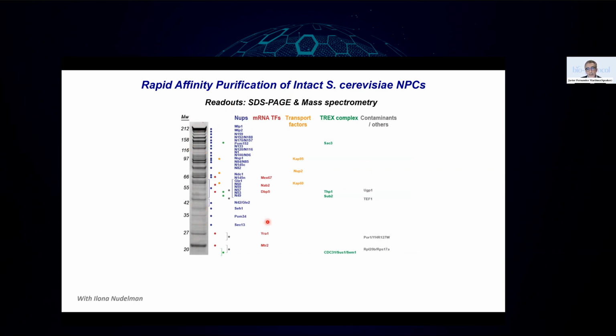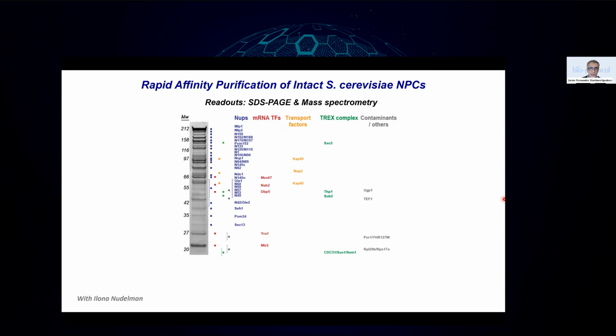The second one, that is not so straightforward, but I think that most people now have access to this type of methods, is mass spectrometry, where you can analyze the protein composition of your sample. In this case, as you can see, we can easily identify every single one of the nucleoporins that form the NPC.